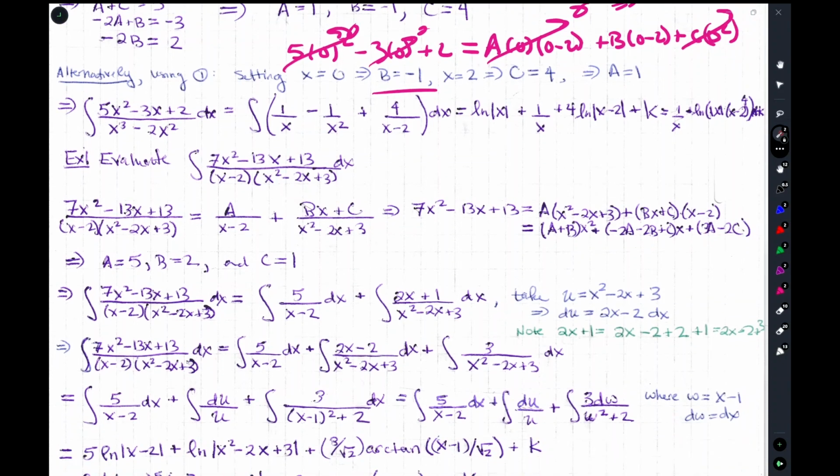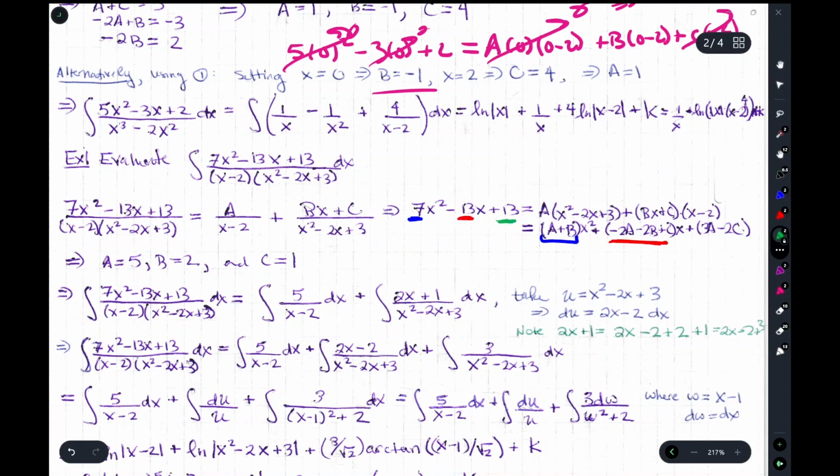And you'll have that this should equal this, and you'll have that 13 should equal that, and you'll have that 13 again should equal this. And you solve that system of equations, which is the same algebra that we did above.